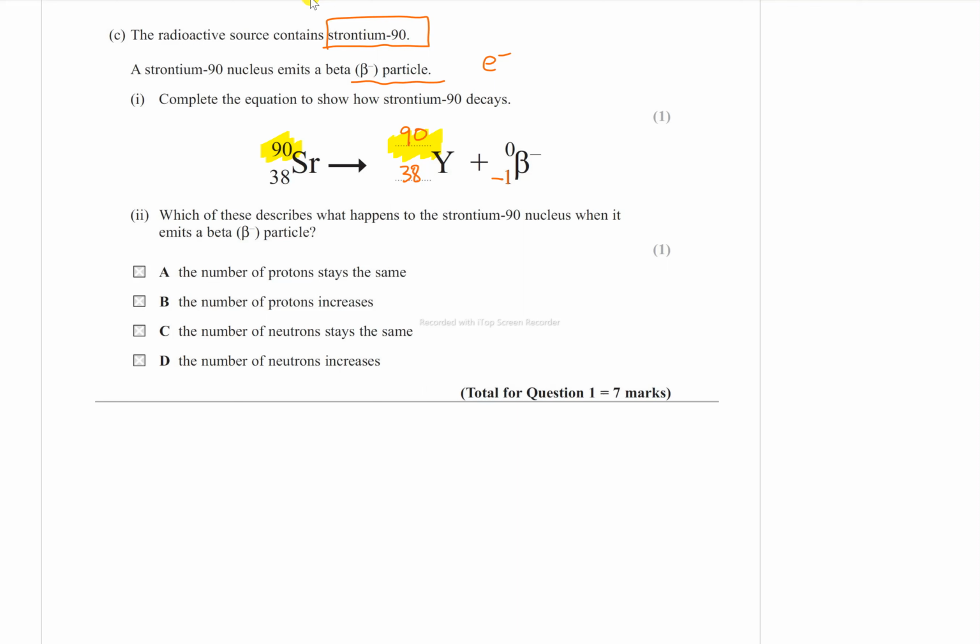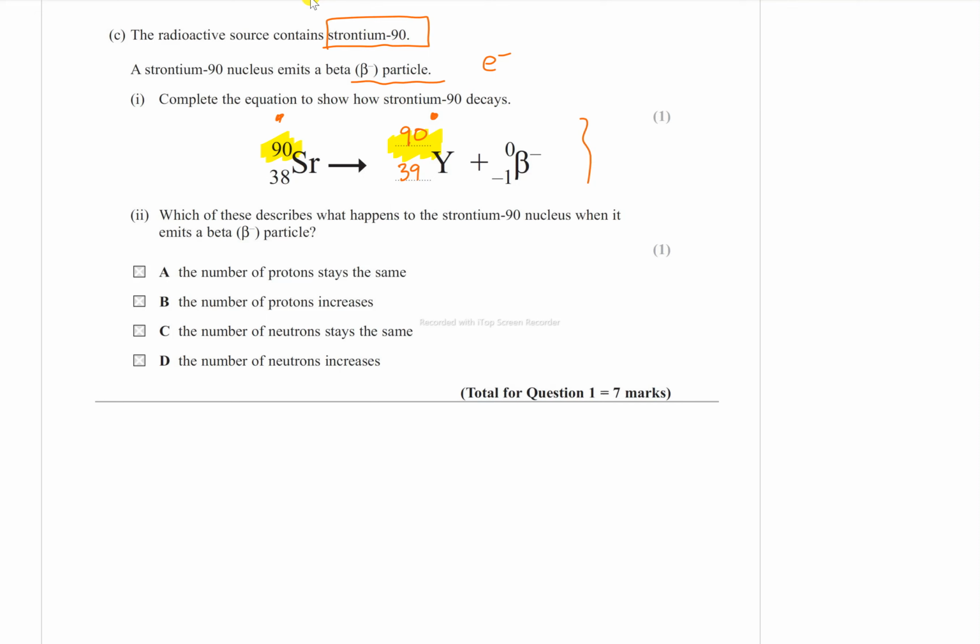That's no good, so we can't do that. So it has to be 39, because 39 minus 1 is 38. So this is more like a maths question. Just balance up the charges and masses on both sides. Which of these describes what happens to the strontium 90 when it emits a beta particle?